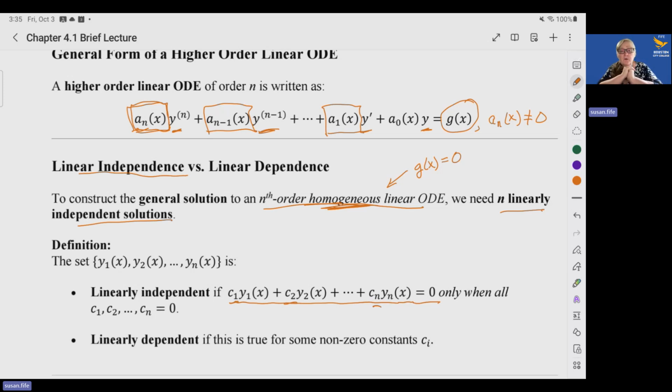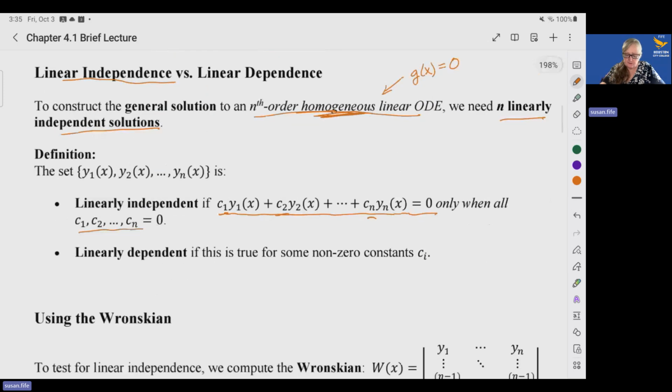And if, when you add all of those, you get 0 only when all of those constants are 0, then those solutions, y1, y2, all the way to yn, are linearly independent. Otherwise, they're linearly dependent.